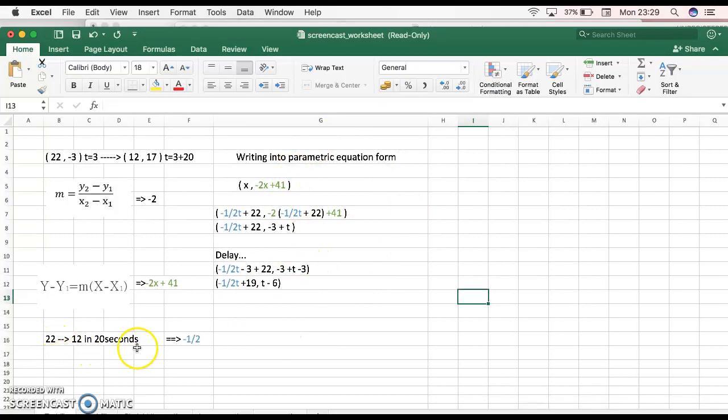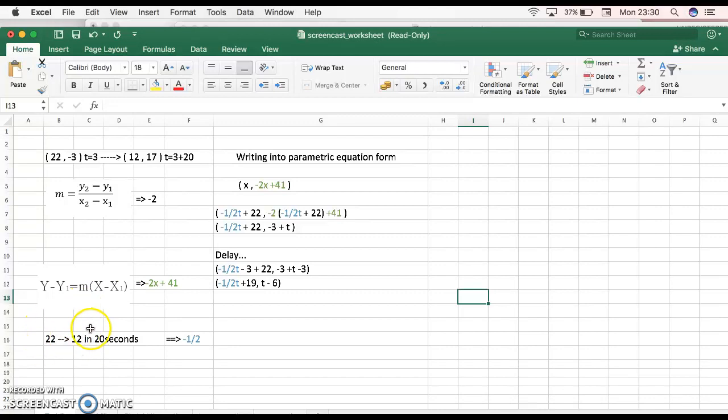Now, there was one thing we needed to do extra to get to this point, which was we needed to find out how many movements per second there were from this position to this position.